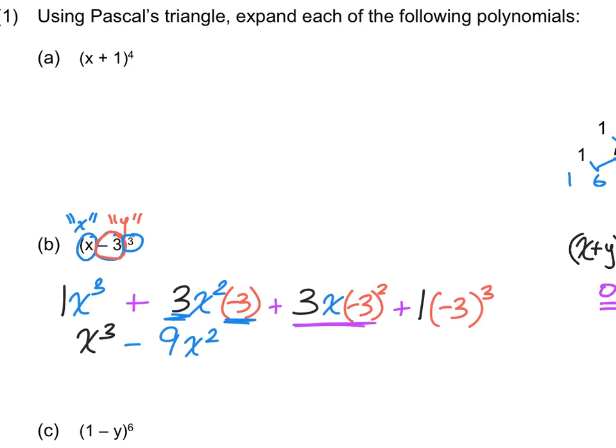I have a -3 squared, which is going to be what? Positive 9 times the 3 that's already there, 27x. And then I just need to raise -3 to the third power, and I get? -27. All right, and that's your full-blown expansion.